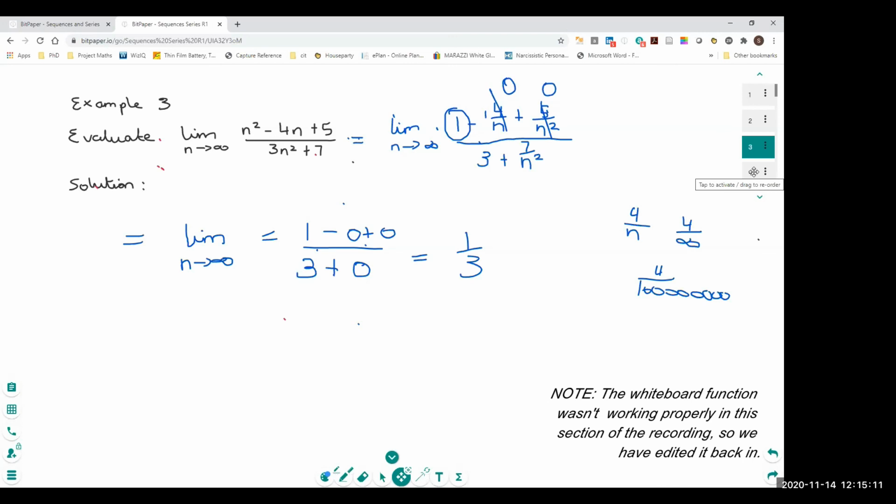Well, again, if n becomes infinity, that's 7 over infinity squared. That's nothing, it's effectively 0. So you're left with 1/3. So that's the limit of n squared minus 4n plus 5 all over 3n squared plus 7 as n approaches infinity. Simple as that.